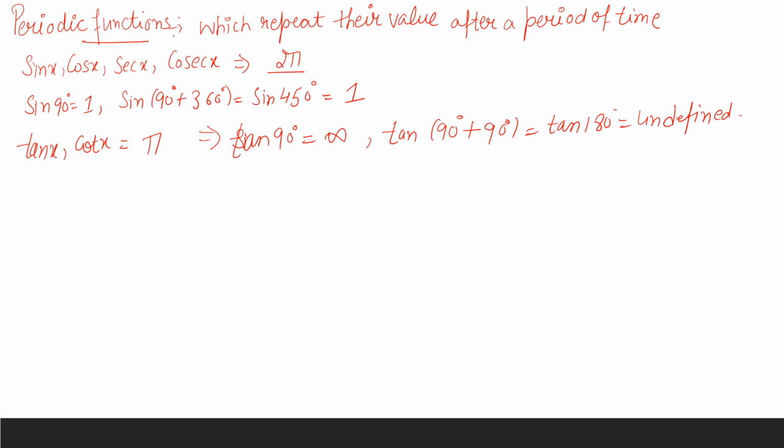Now there are different types of periodic functions with different periods. For example, in the question, sin n theta and cos n theta are periodic functions with period 2 pi upon n.